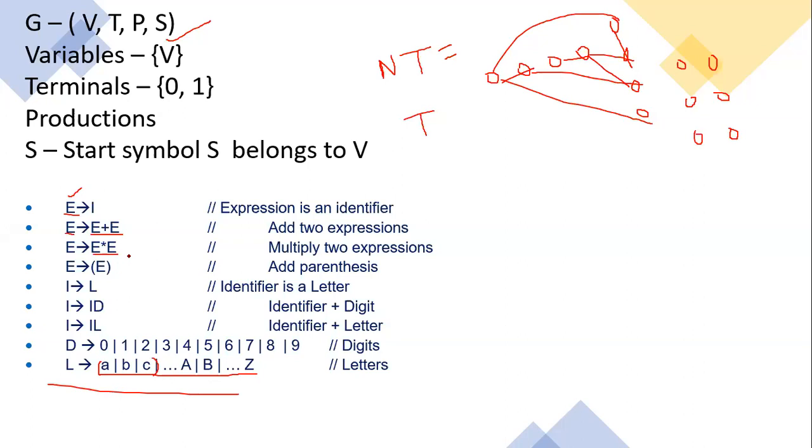Other than non-terminal, the remaining things are the small case letters and operators. All other things come under the terminals. Here we can say the plus is a terminal, and this one also terminal, and this parenthesis also terminal, and 0 to 9 also terminal. Is it clear, everyone?